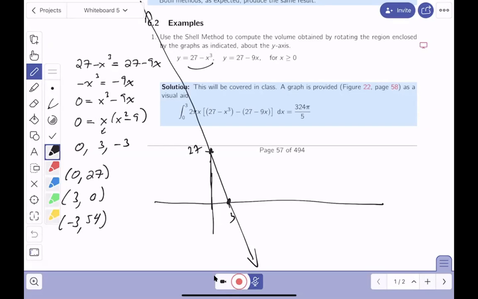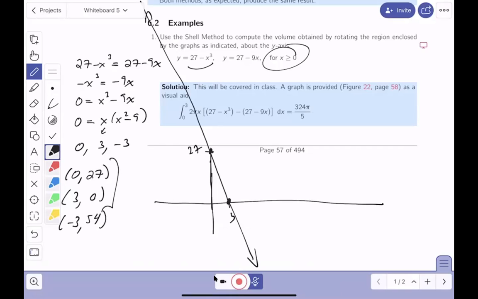The next intercept is over here. And by the way, I'm only concerned about this part here. I'm only talking about these numbers over here. I'm not worried about anything else in the problem. And I got a cubic there, right? So let's take a look at that.